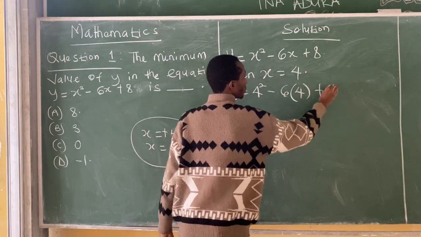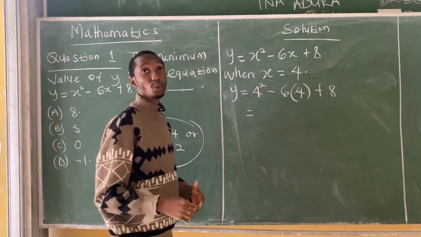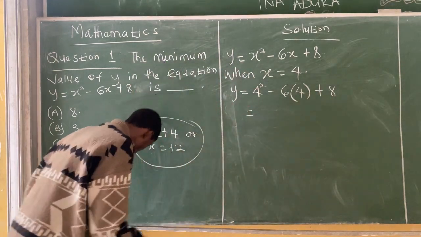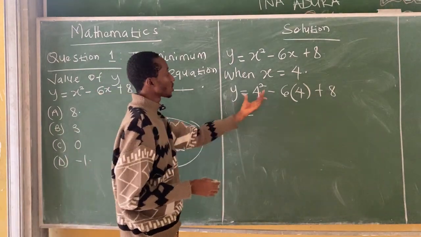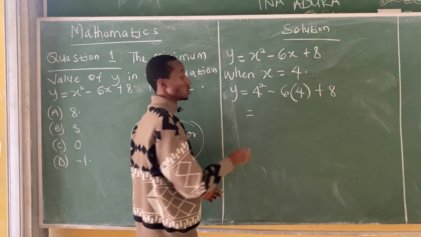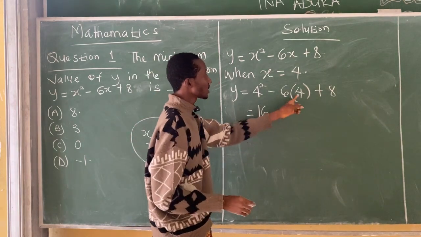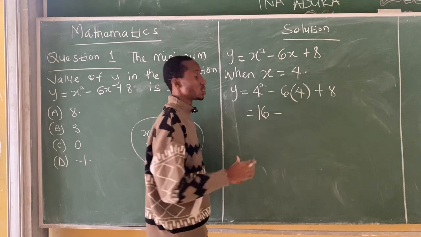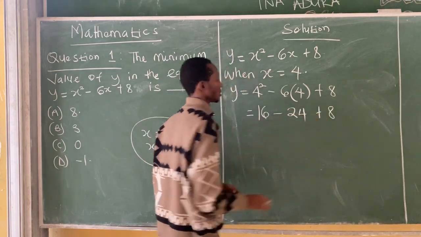4 plus 8. 4 squared is the same thing as 4 multiplying itself 2 times, which is the same as 4 times 4. So 4 squared is the same thing as 4 times 4, which is 16, minus 6 times 4. 6 times 4 is 24. Plus 8.